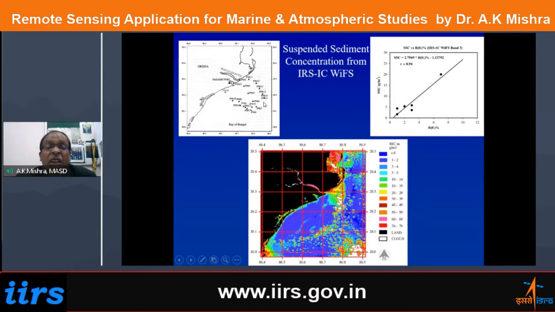Then this image is converted into a suspended sediment concentration map, and this is the Paradip river bringing a lot of sediments to the coast, and this is the Paradip port.